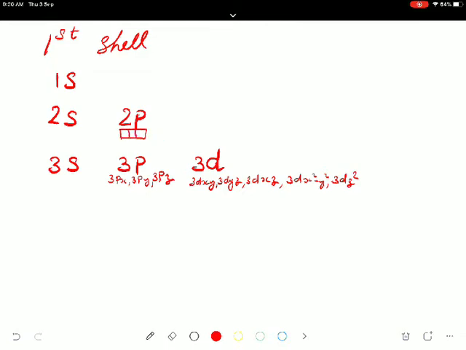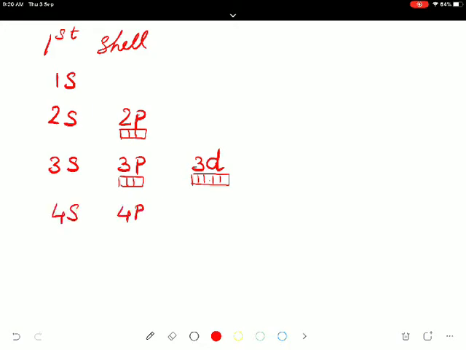Similarly, under 3p also I will put 3 boxes. Under 3d I will write 5 boxes: 1, 2, 3, 4, 5. Instead of that I will draw 5 boxes. Okay, now the fourth orbit: 4s, 4p.